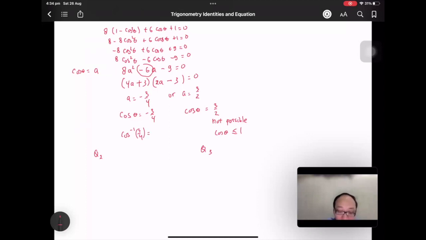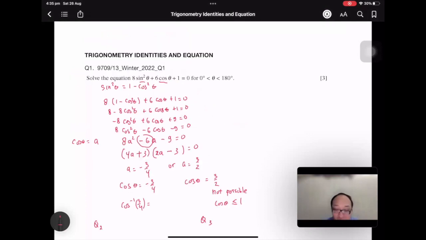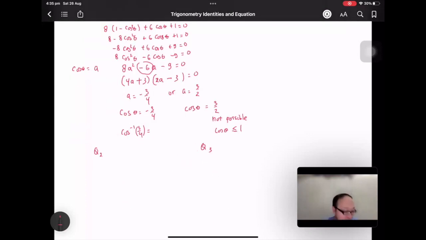I will ignore the negative to find the acute angle in quadrant 1. This is in degrees, so make sure your calculator is in degree mode. So cos inverse of 3 over 4 equals 41.4 degrees.